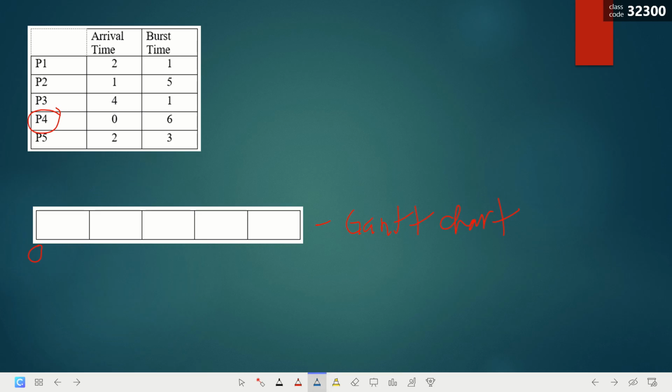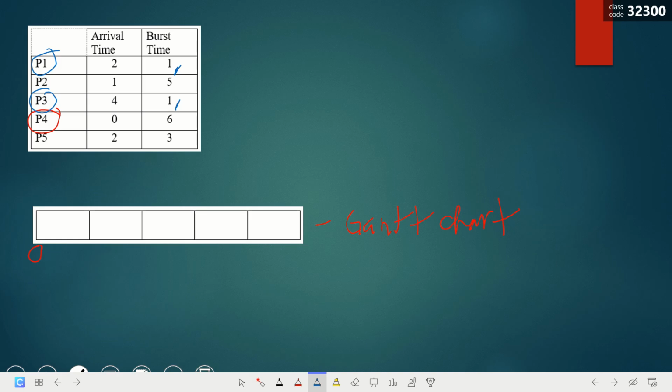Based on the burst time, the shortest are P1 and P3, because their burst time is 1. If they have the same burst time, we can use FCFS, or first come first serve.